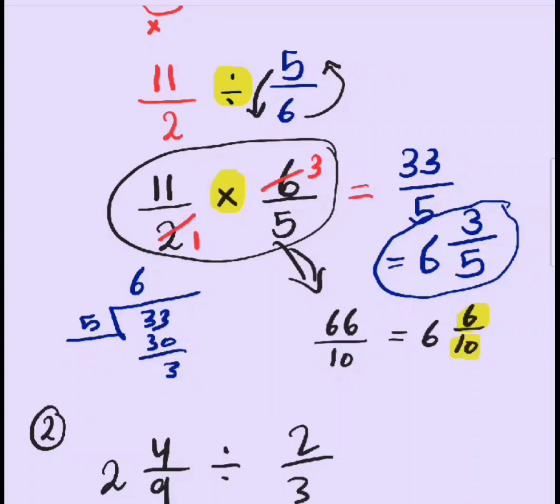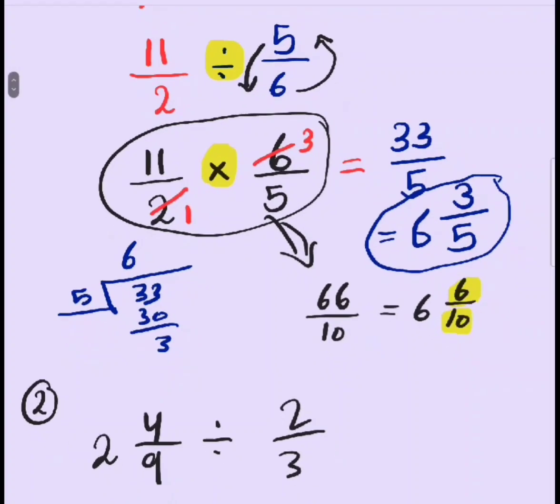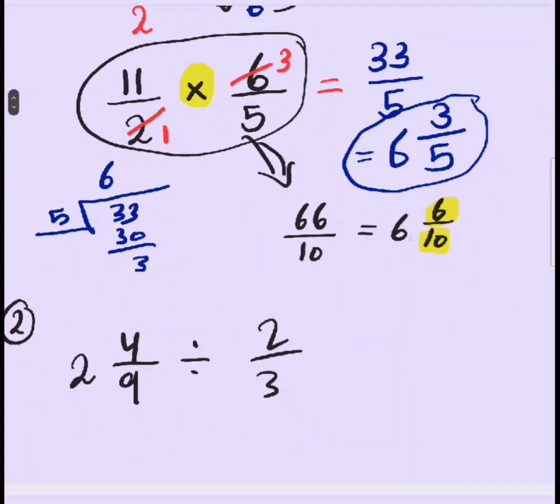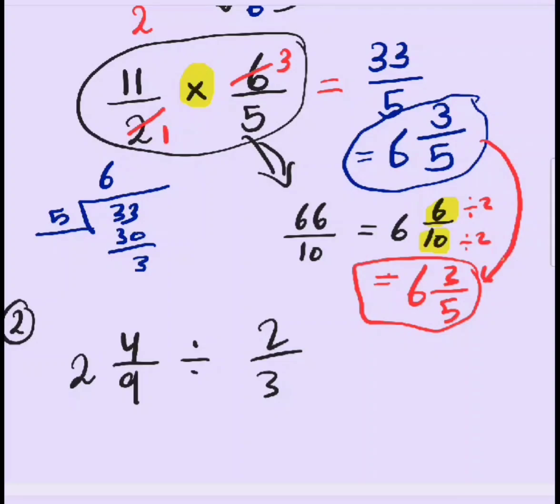So now our fractional part of that mixed number can be simplified. 6 and 10 have a greatest common factor of 2, so divide each by 2, and we end up with 6 3/5. So you can see that we got the same exact answer, we just had to simplify our answer.